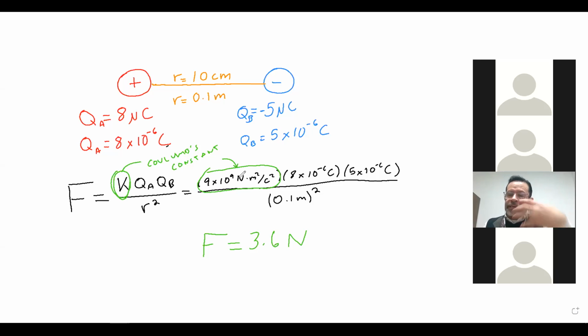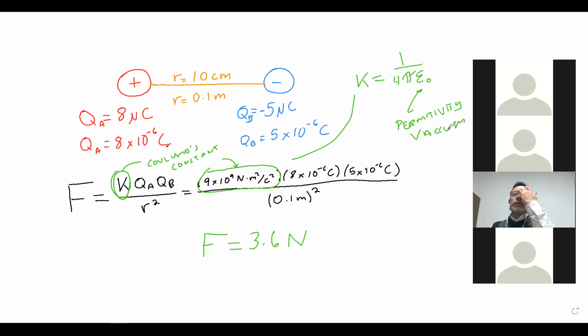This is a constant that we're going to be using when we're talking about electrical charges. Now, there is a mathematical origin of this constant. It comes from a formula that says K equals 1 over 4 times pi times epsilon 0. Epsilon 0 is what's called the permittivity of vacuum.